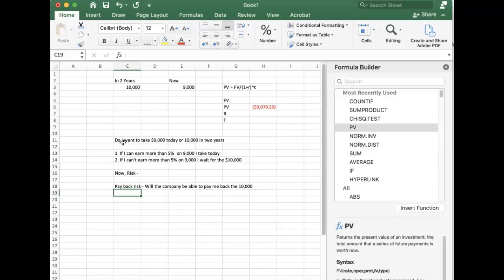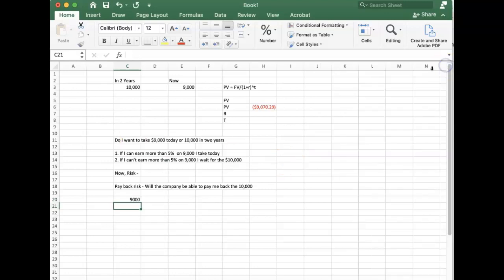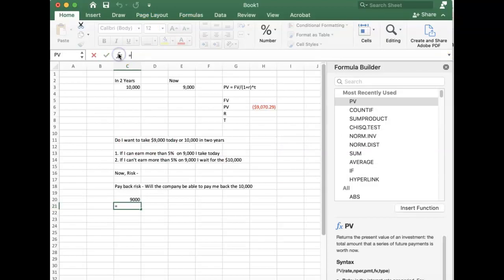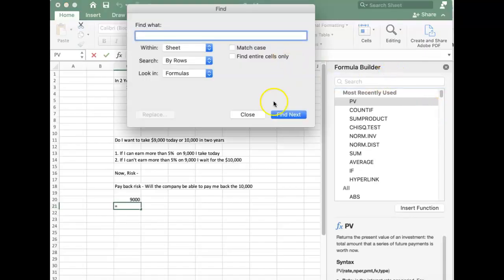Can I earn 5%? Let's look at this and say, what if it was $9,000 that I got? Why don't we put this in a future value calculation?